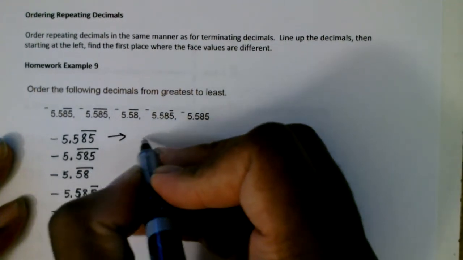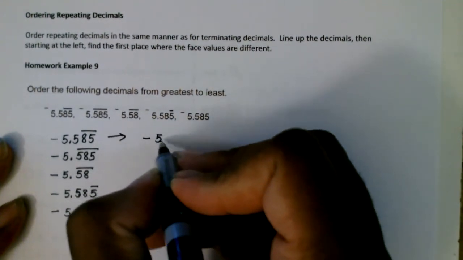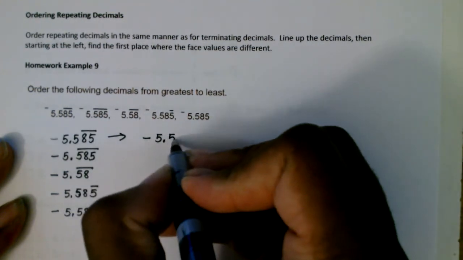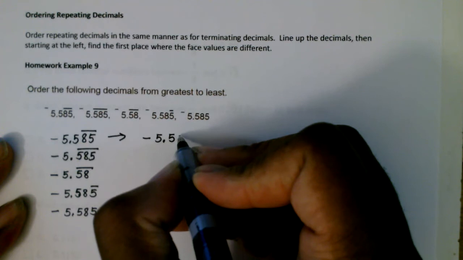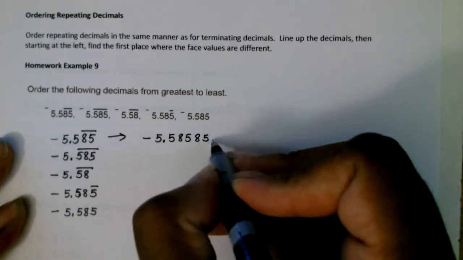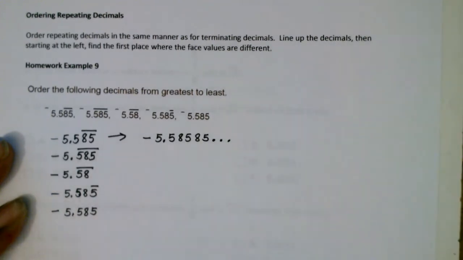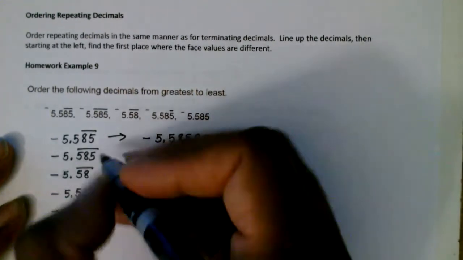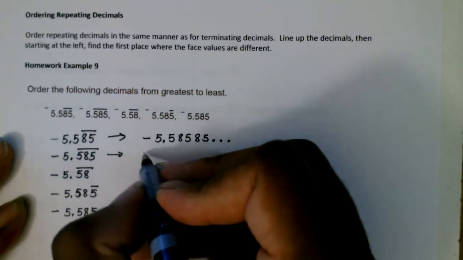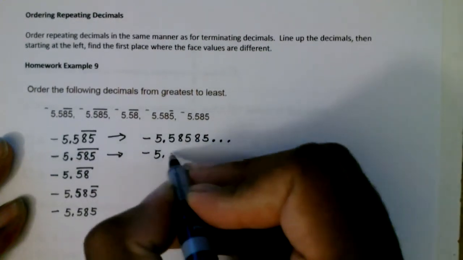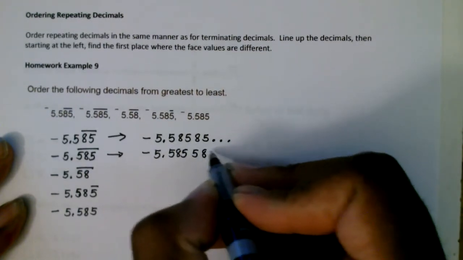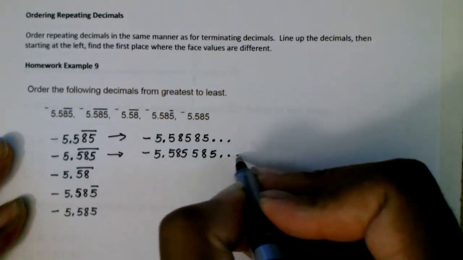All right, let's see if we can write this out with the same number of decimal places. The first one will be -5.5, but only the 8 and the 5 repeat, so it'll be 85, 85, and so on. Then the next one will be -5.585, so the 585 repeats.